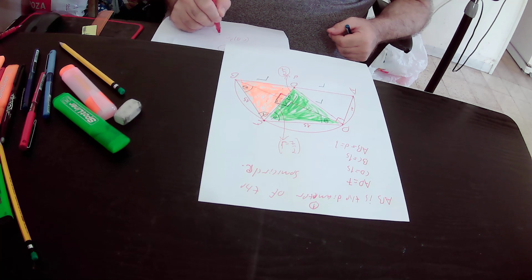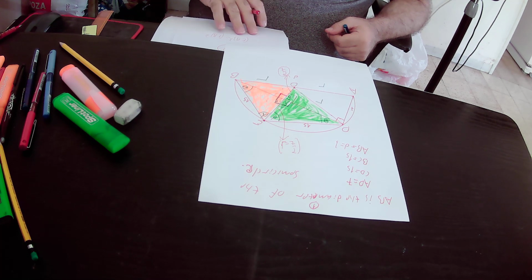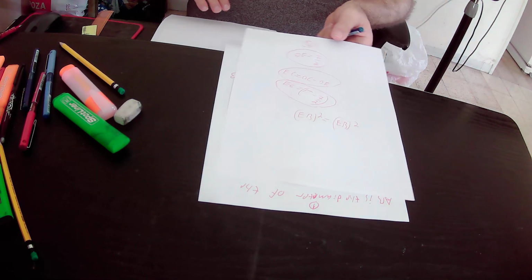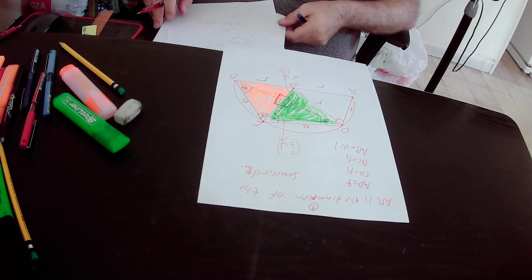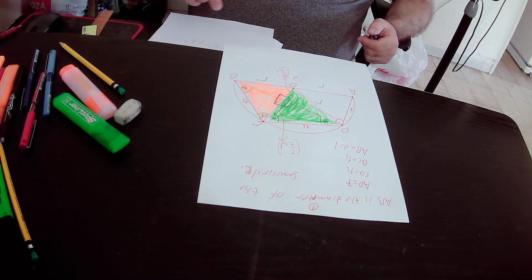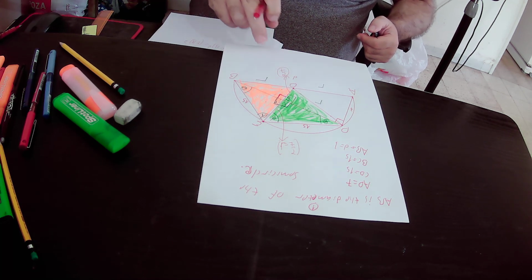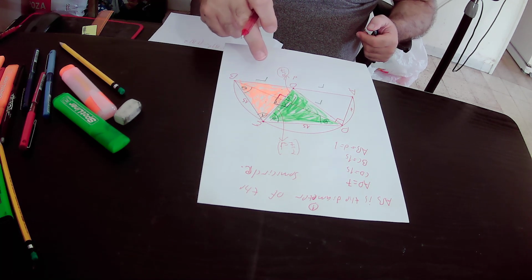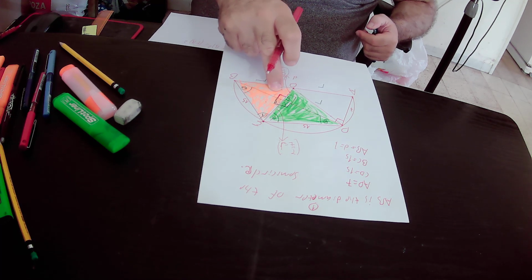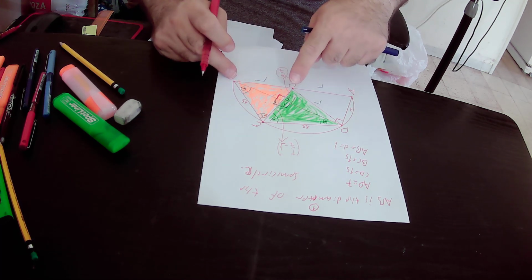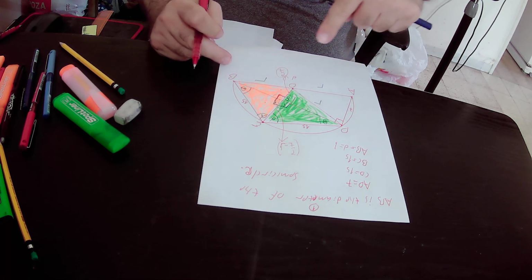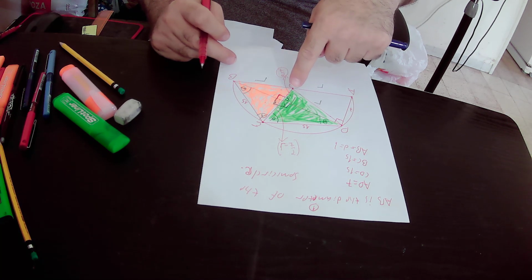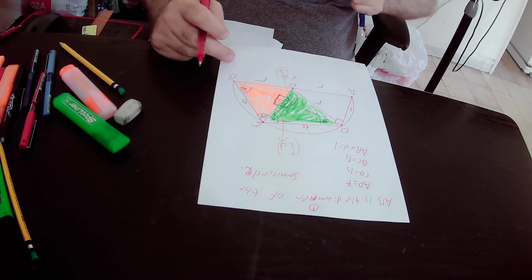We created this equality because side EB belongs to the right triangle BOE, and side EB also belongs to the right triangle BEC. So it is a common side, it belongs to both of those right triangles.